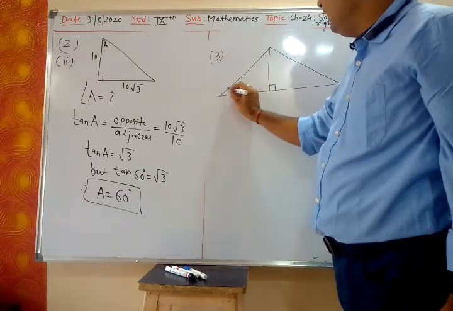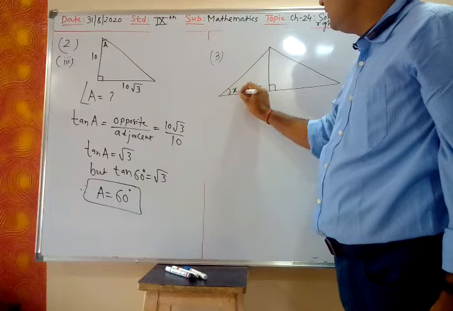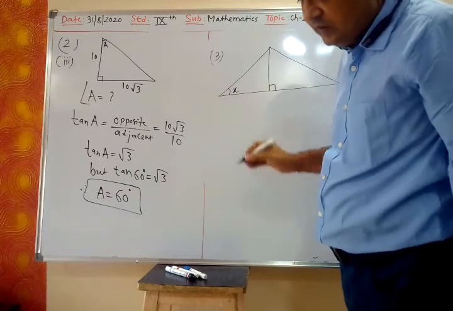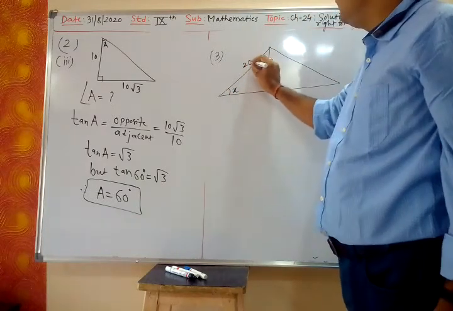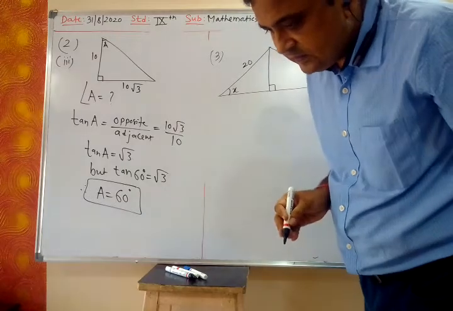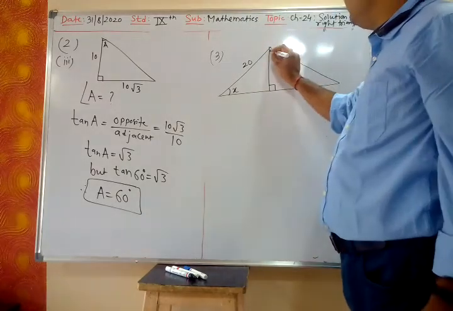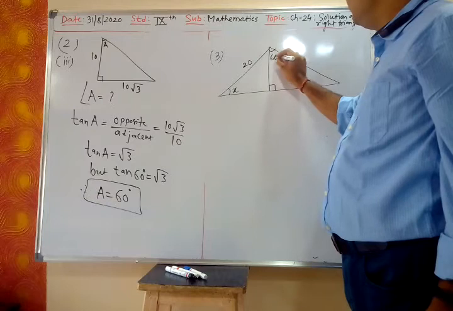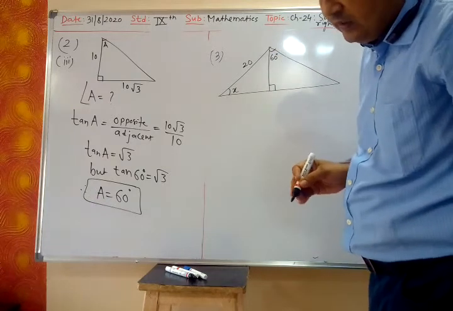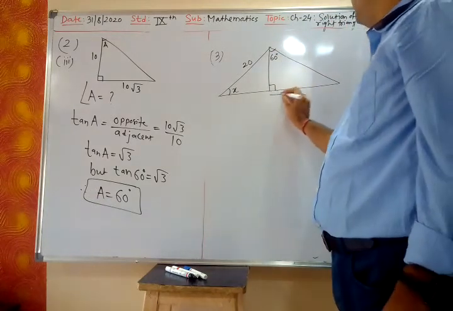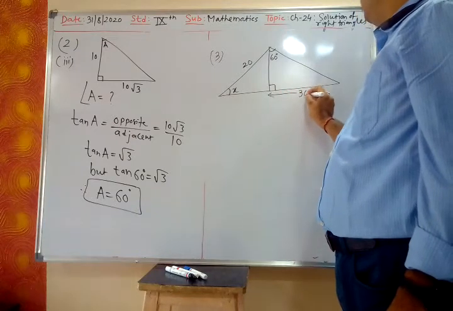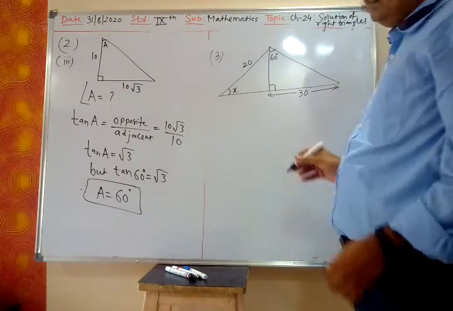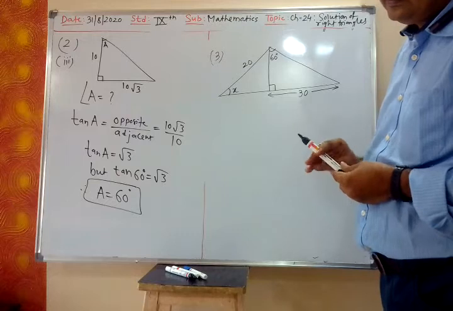This is my angle x. Then this side is given 20. Then this angle is given 60 degree. And this side is given 30. Find the value of x.